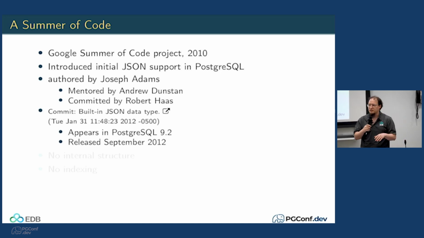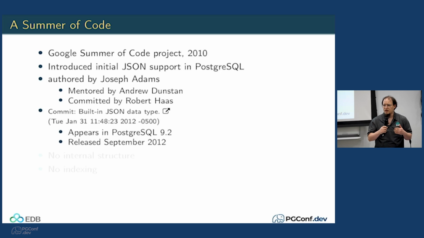So we were the first. And it is quite possible that we were, as a participant in the relational database market, influential in getting the SQL committee to accept JSON into the standard.